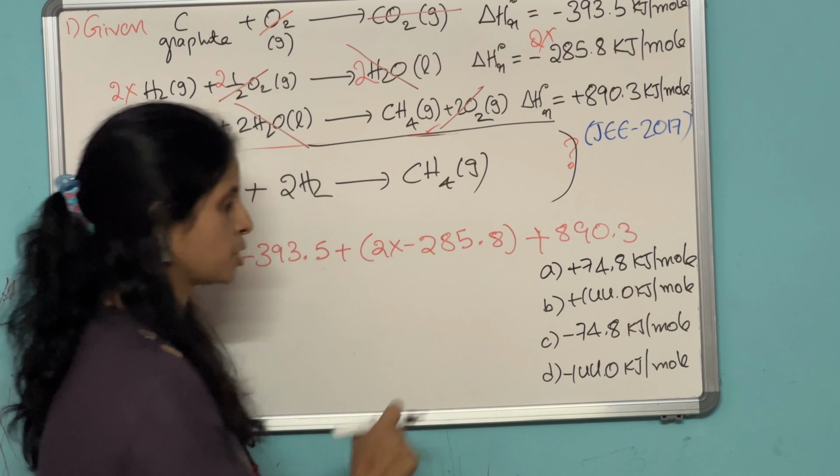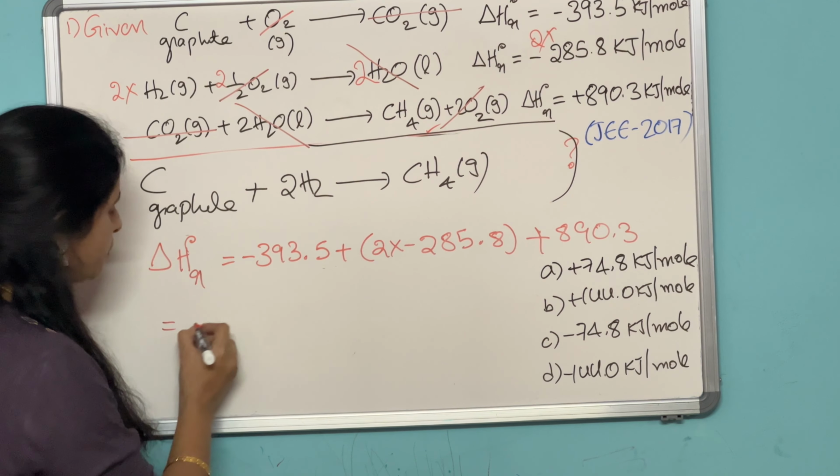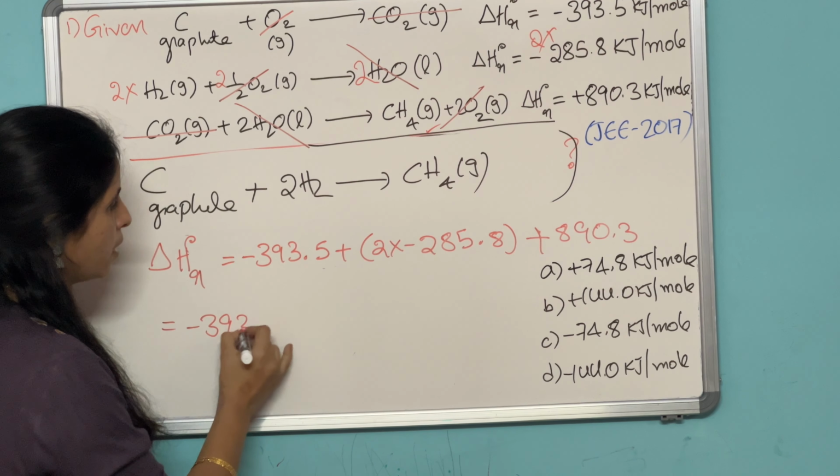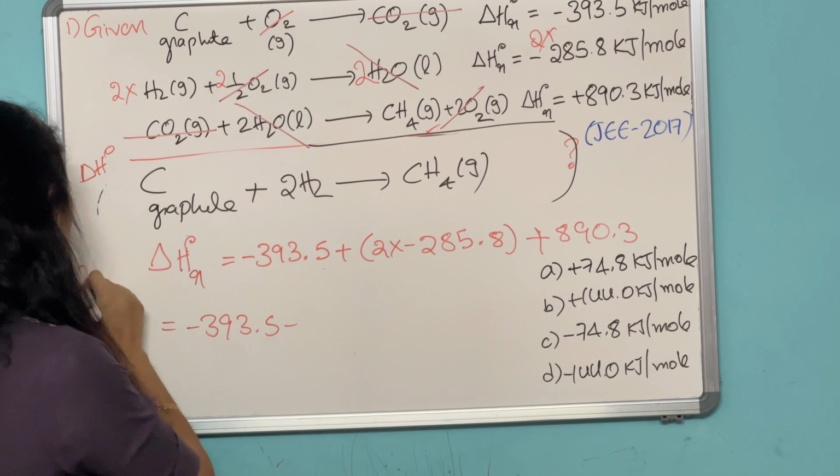Now these are the options given to you. Now solve this one, which is equal to minus 393.5 minus 2 into 285.8.